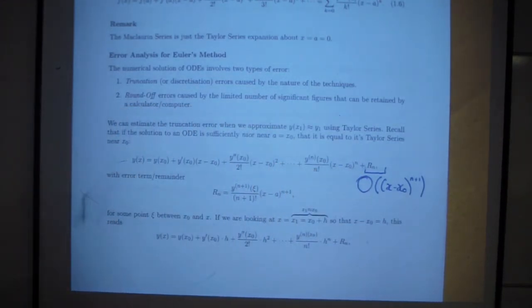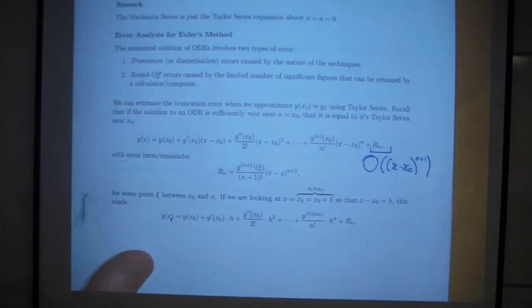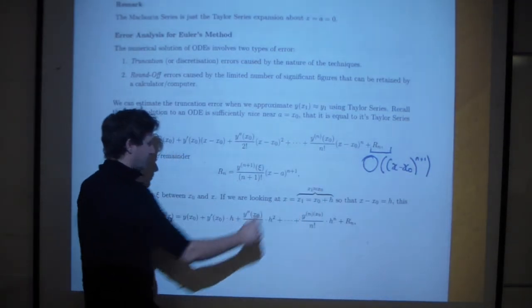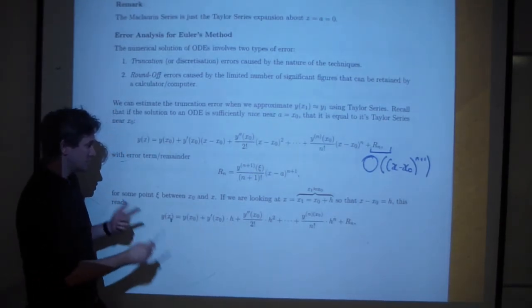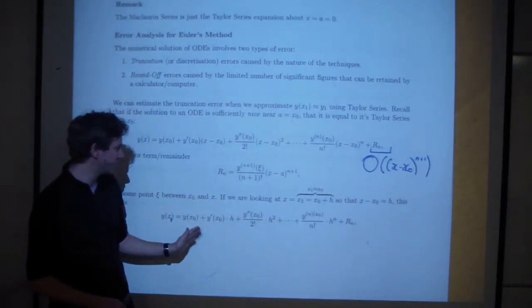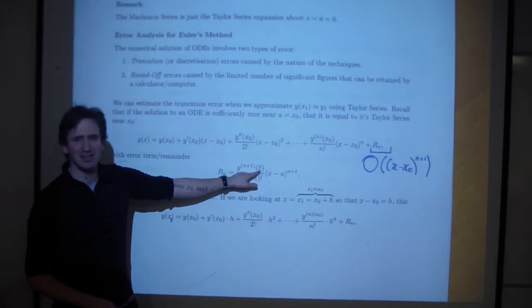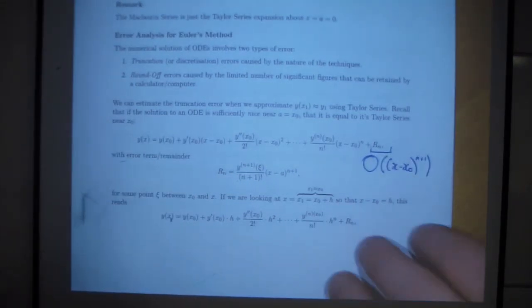So if you're using Euler's method, or indeed any method, this is just true in general, and I think this is missing one thing, this should be x1. The true solution looks like this. So at x1, the next point you're interested in, the exact solution is equal to this. Now the problem is this is a finite thing, but this is a theoretical thing. You're not going to be able to find it in general anyway.